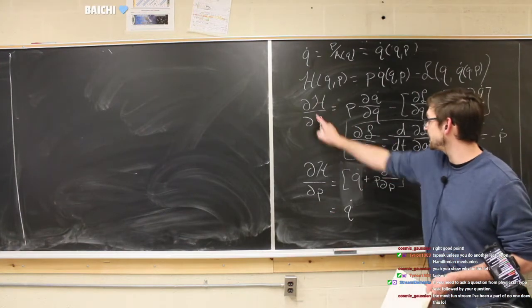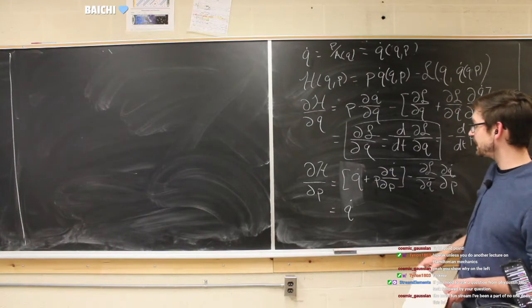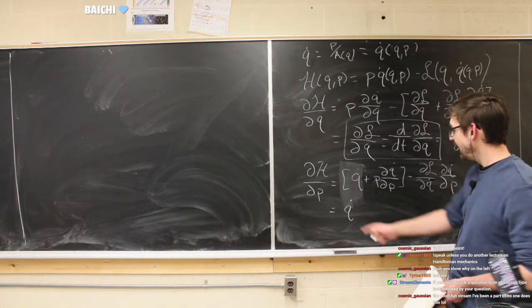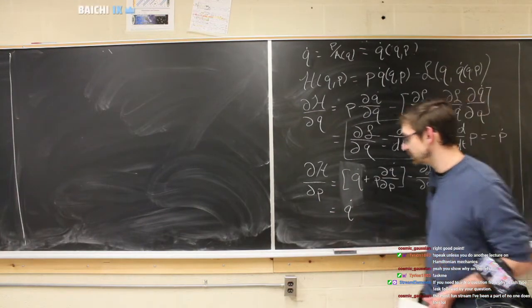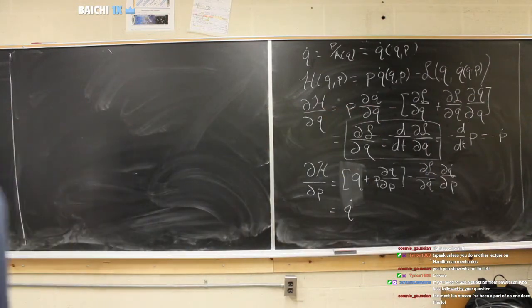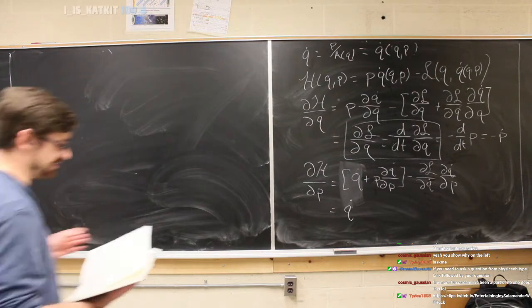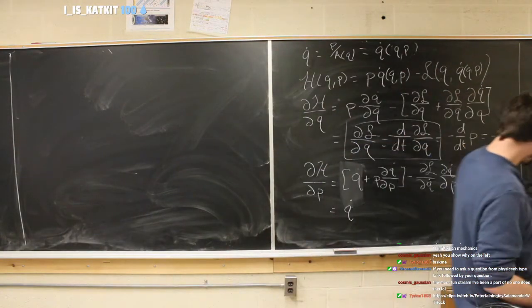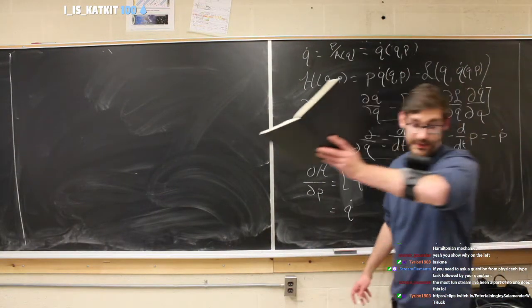So this is just dH dq is equal to minus p dot, which is just dp dt, and this dH dp is equal to dq dt. Okay? No second-order differential equations, so that might be another thing you might find useful in your ventures.